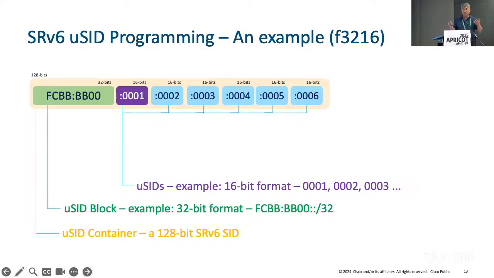But with Cisco, we define the 32-bit block locator as good enough, and make the next 16 bits like the node ID, and you can easily insert 3 nodes, a list or node stack, into a 128-bit container. So we feel this is a more efficient way to define the micro SIDs. So the format we call 3216, right?